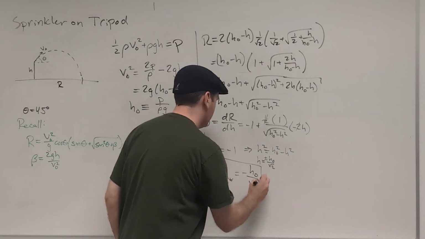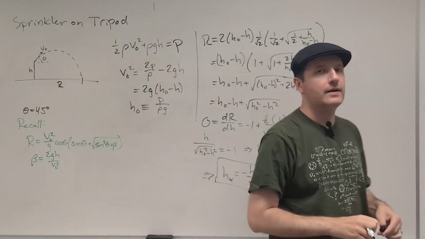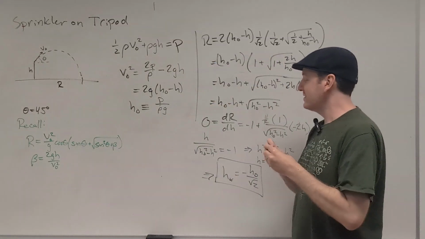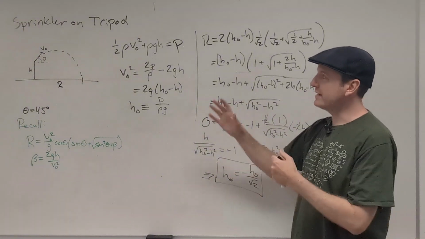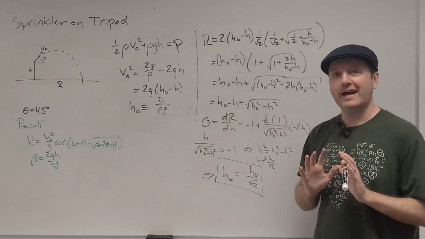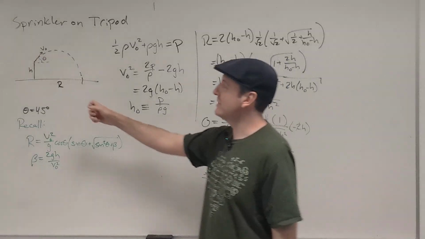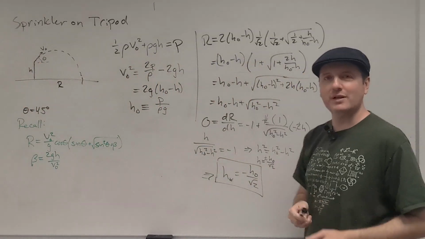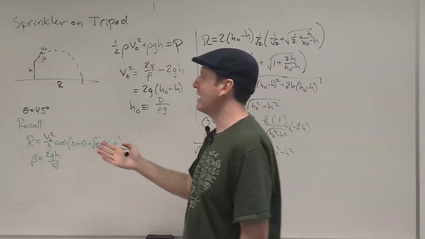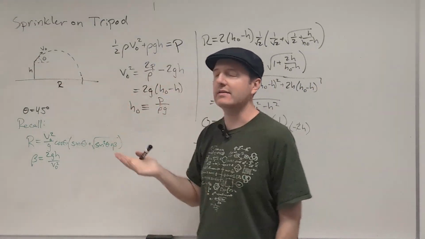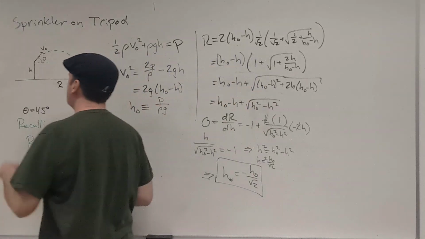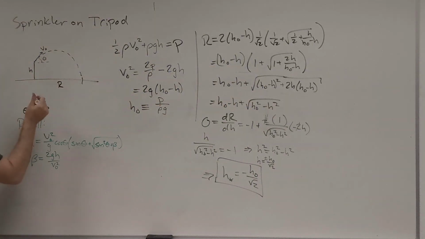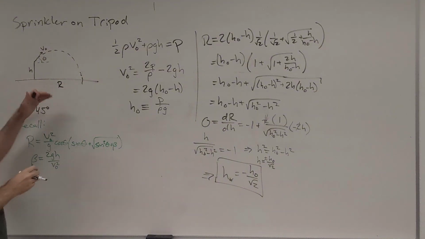What are we to make of this? Well, it's telling us that if you want to get the biggest possible area watered at all, I should actually start with this thing underground. Now, at first blush, that seems totally crazy. How could I have my sprinkler be underground and water anything? I get you. Let's just say that we have a hole, some sort of conical well that's dug down here, also at a 45, well, I guess it has to be a little higher than 45 degrees.